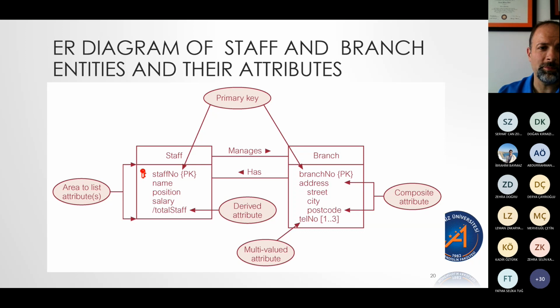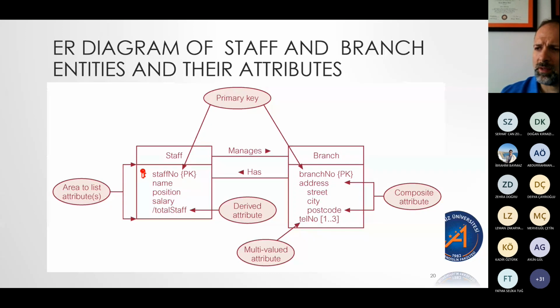If we have a composite primary key, then we would have this key symbol, or in this case this PK notation, next to every attribute that is part of the primary key.